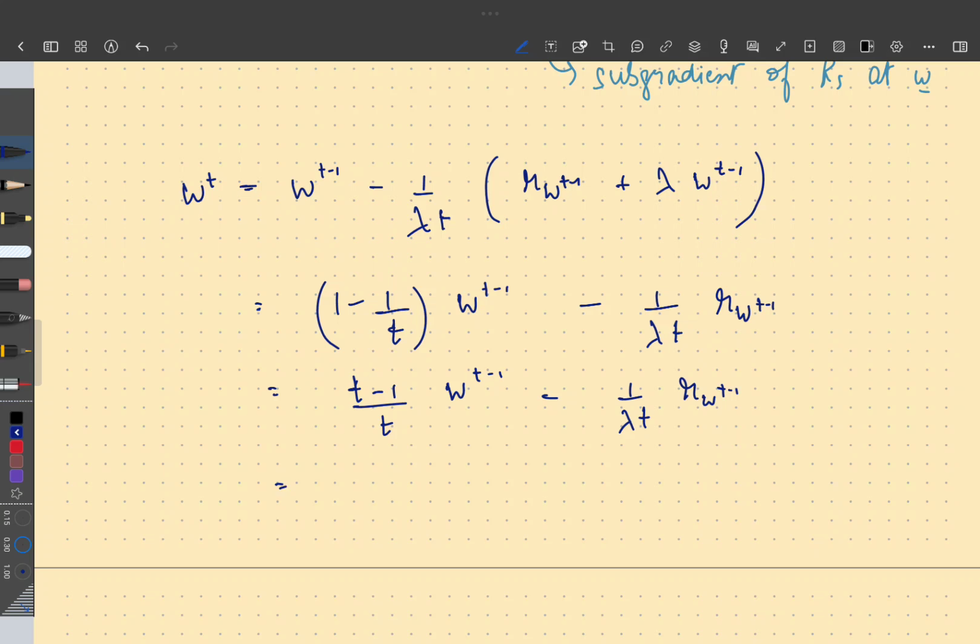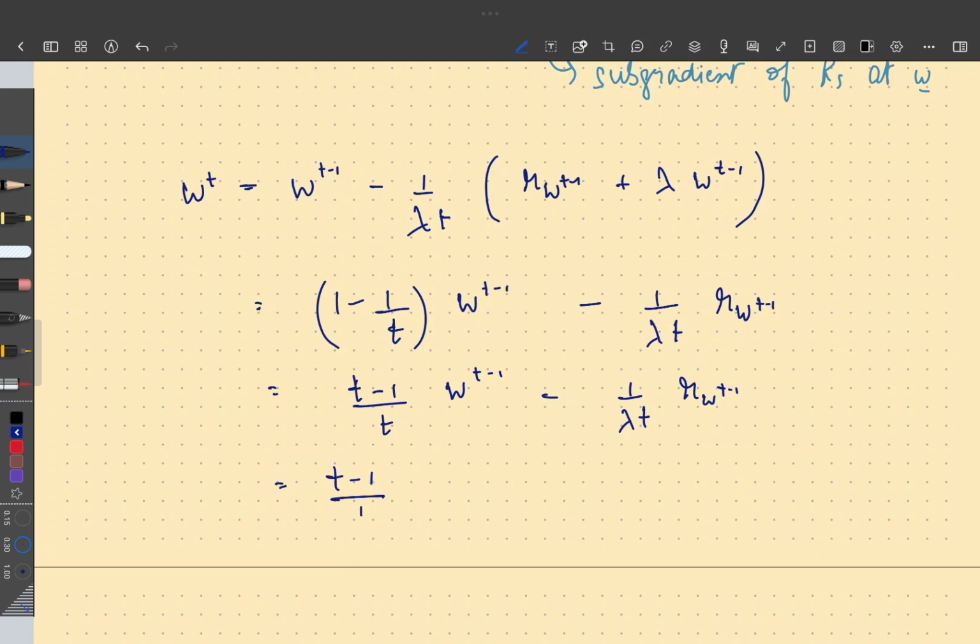Okay, so now I have a rule for w_t in terms of w_{t-1} and r(w_{t-1}). So let me write w_{t-1} in terms of w_{t-2} and r(w_{t-2}). The same rule holds.